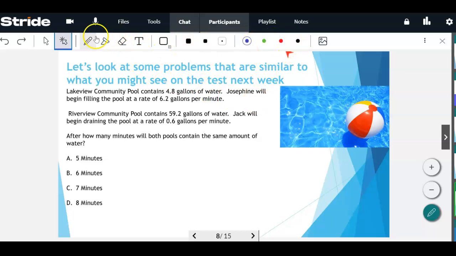All right, so let's look at this one first. And let me change my color so it shows up better over here. So we have it has 4.8 gallons, and then they're adding 6.2 per minute. We don't know how many minutes, so that's going to be our variable. We can just use x. So we're letting x equal the number of minutes.